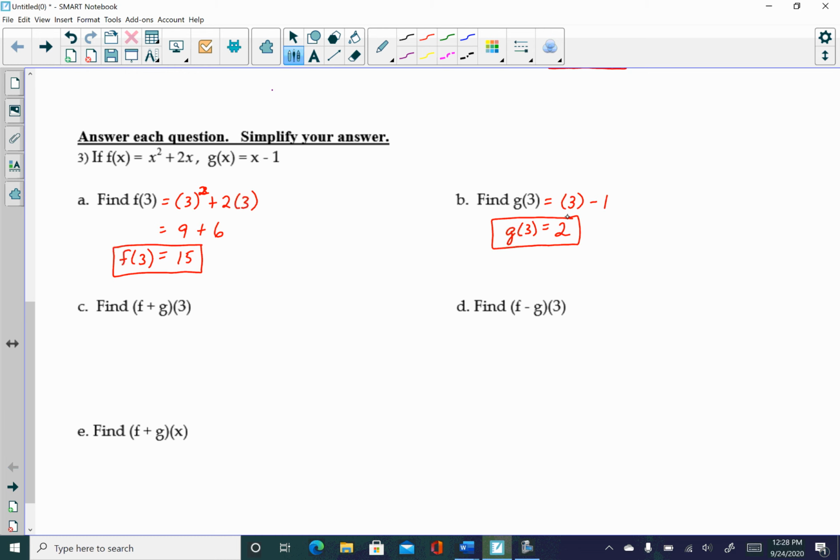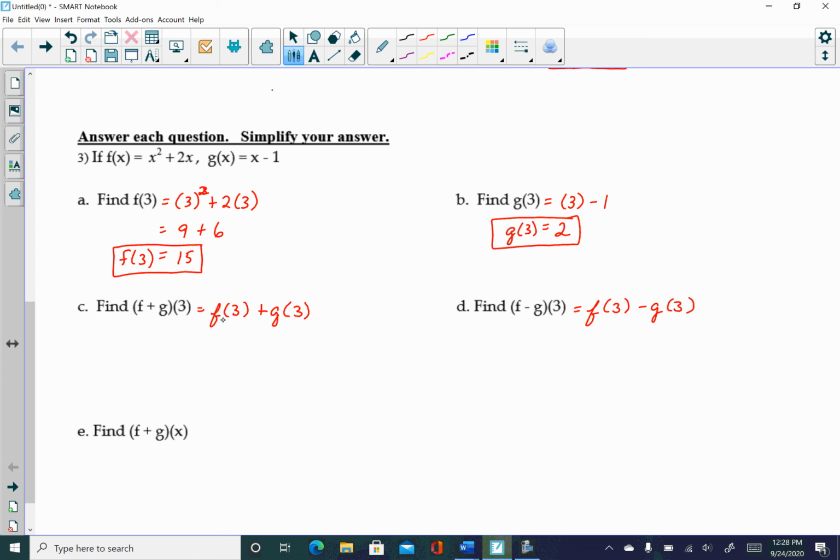Got those checked. Now you'll notice a little bit of different notation down here in letter C and letter D. You'll notice how they have f plus g of 3 and f minus g of 3. All that's really just a shorthand way of writing f of 3 plus g of 3. Or over here, f of 3 minus g of 3.